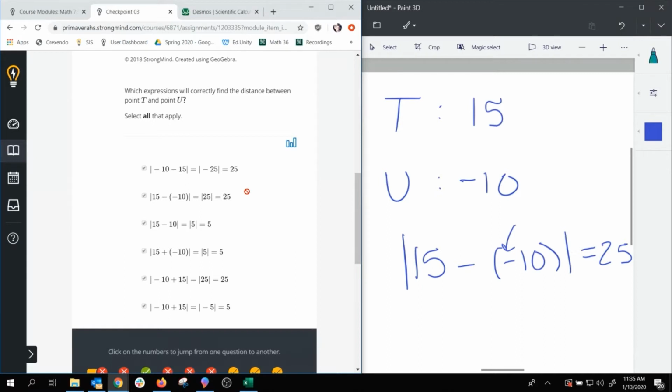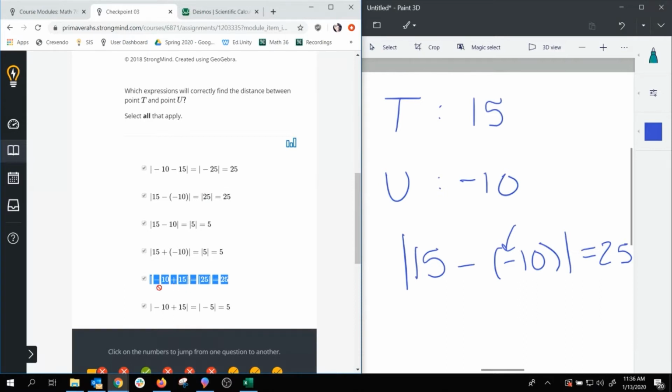So now all that we need to do is check those other 2 options to see if we actually get 25 when we're subtracting. However, if I look at this answer choice right here, I'm adding. And when you're finding distance, you should always do subtraction, not addition.